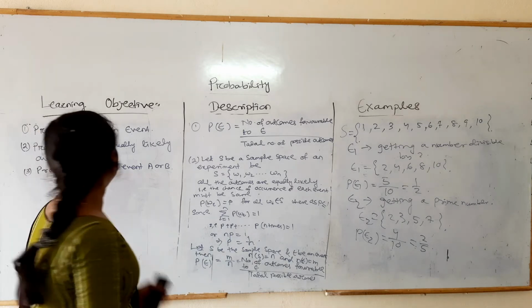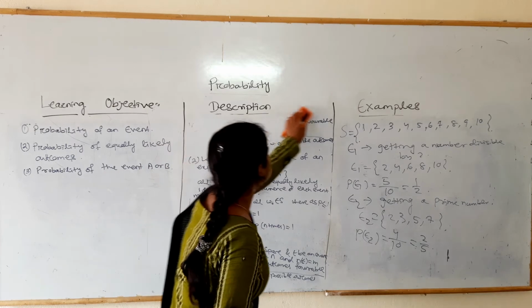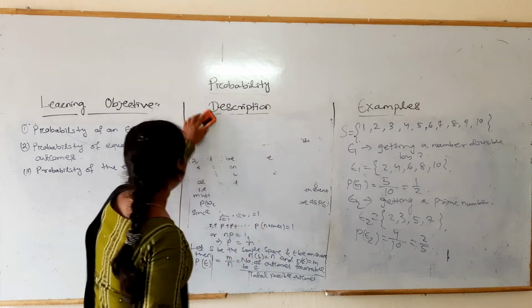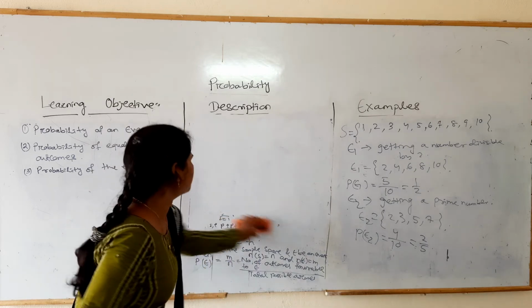Then next is the probability of the event A or B. That means the probability of A or B, which we have already discussed in algebra for probability.